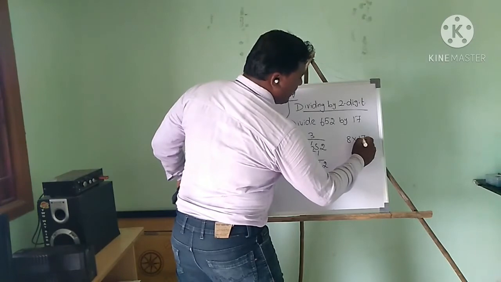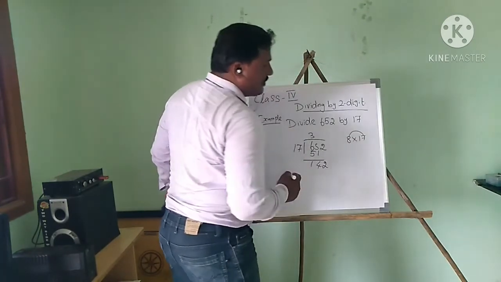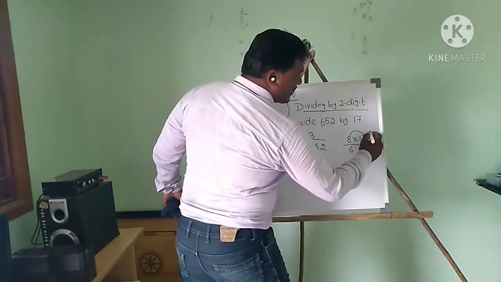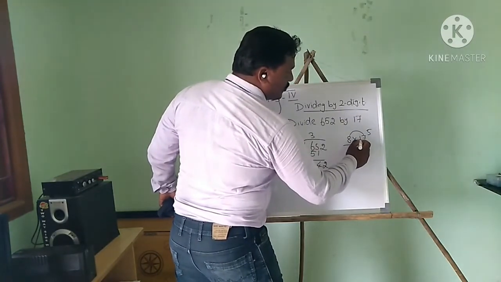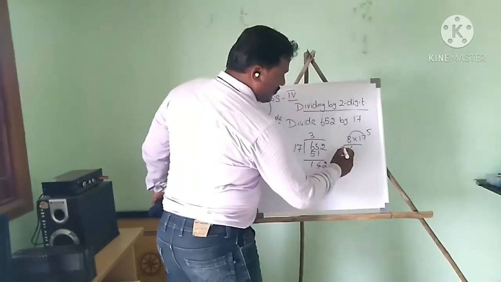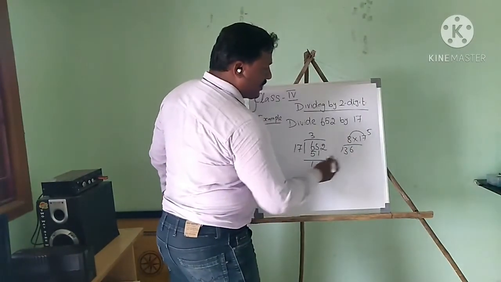8 into 17. 8 sevens are 56, 6, 5 remainder. 1 8 is 8, 8 plus 5, 13. So 136.